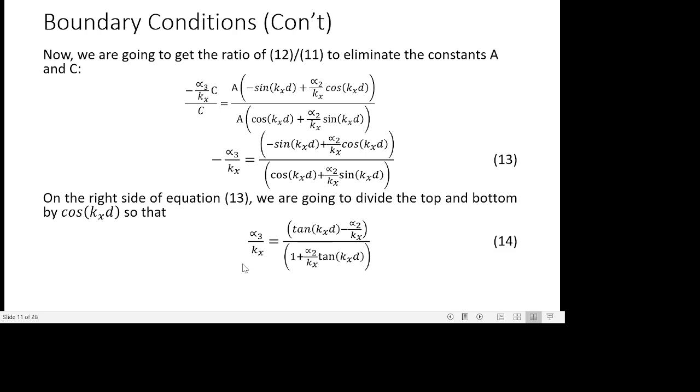The tangent of the refractive index ratio is going to be the phase difference during the refraction.